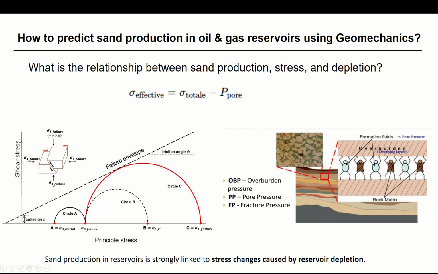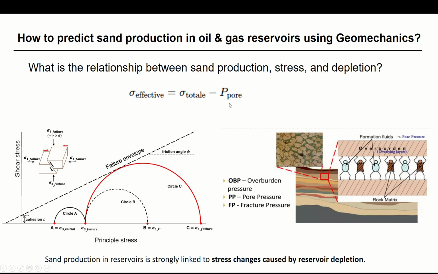The Mohr circle criterion links the shear stress and the normal or principal stresses. I will explain. When you see the circles here, we have the initial state before production, between effective stress, total stress, and pore pressure.